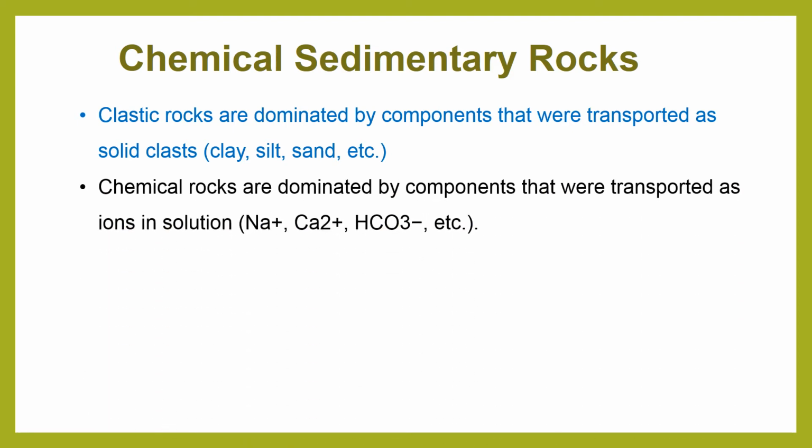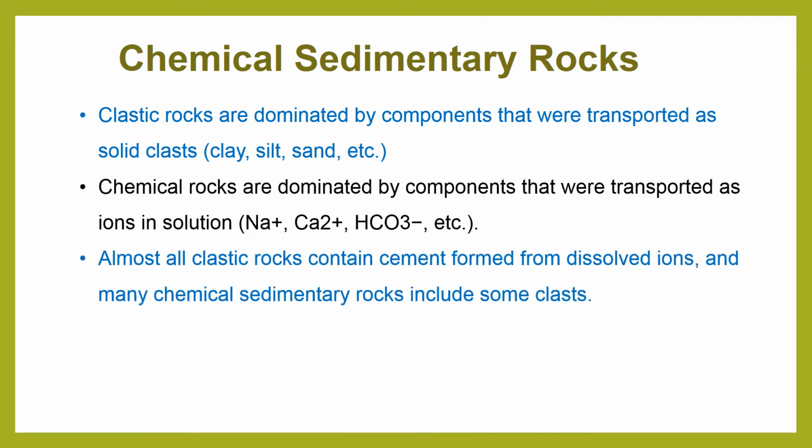Yes. Chemical rocks also are dominated by components that were transported as ions in solution, not as solid clasts, ions like sodium ions, calcium ions, carbonates, etc. Almost all clastic rocks contain cement formed from dissolved ions.